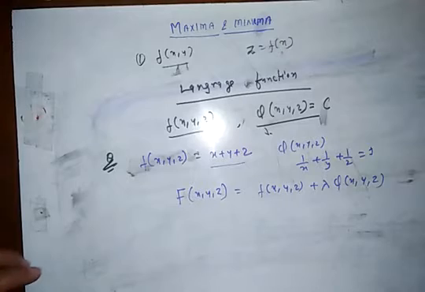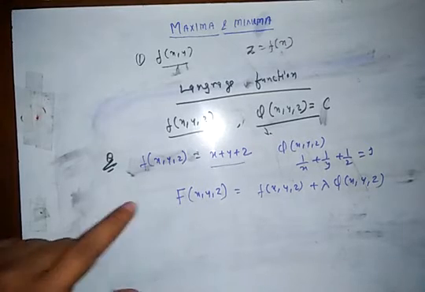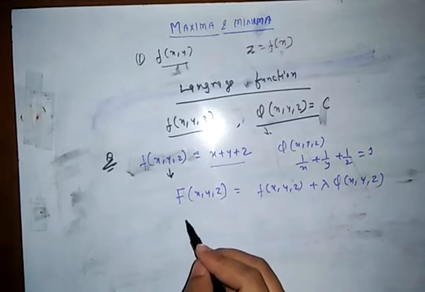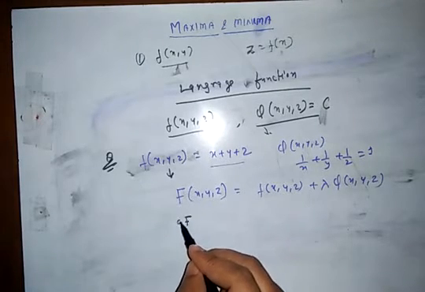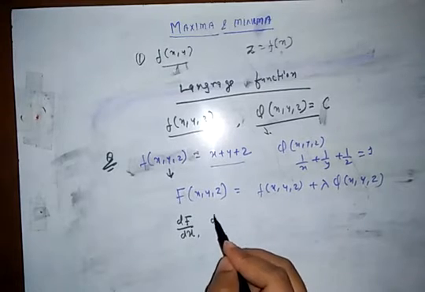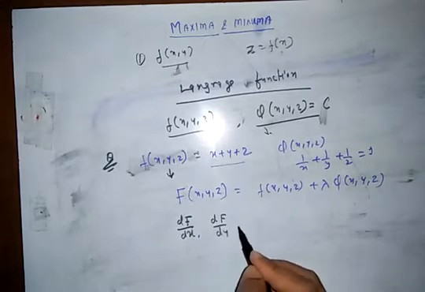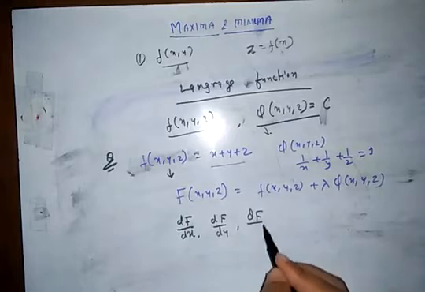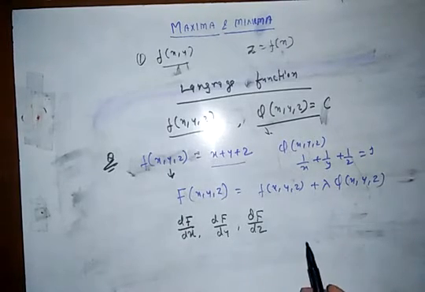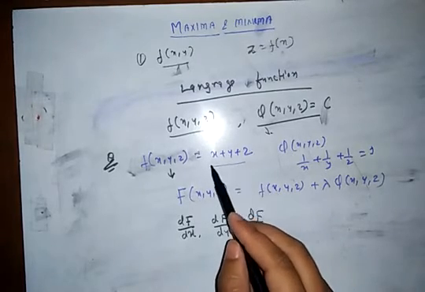Now we have to find the maximum and minimum. This is a three variable function, so we simply find df by dx, df by dy and df by dz, equate them with 0 to find the stationary point, and then put the value of the stationary point in this function.